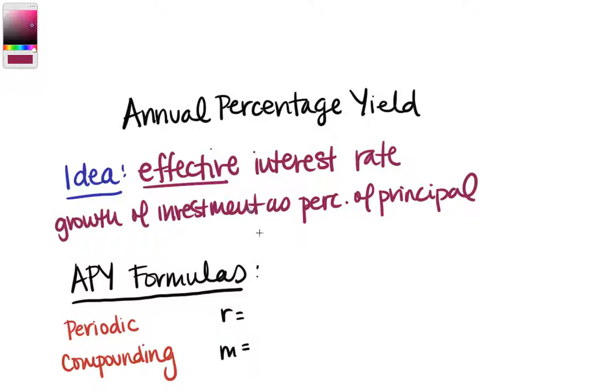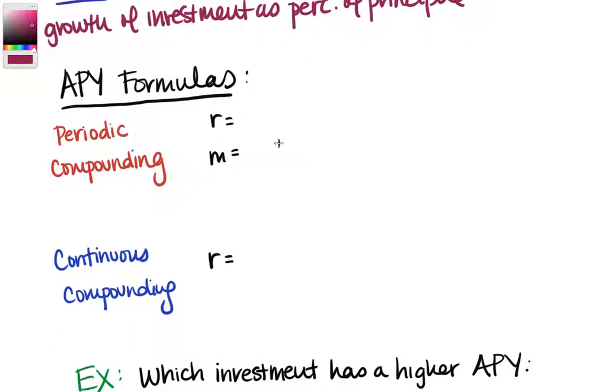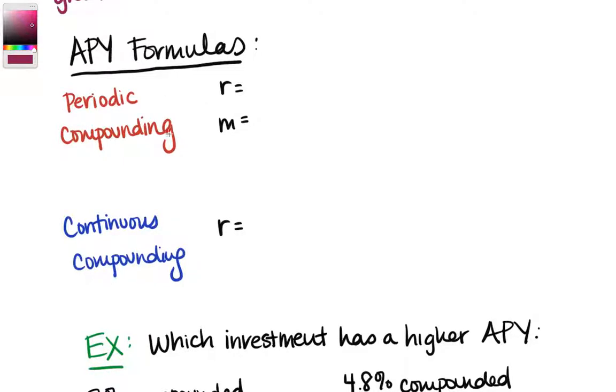Okay, we've got two different formulas here. The periodic compounding APY and the continuous compounding APY. And they're both pretty simple. In both of them, we need R, which is the interest rate. As always, we want it written as a decimal.